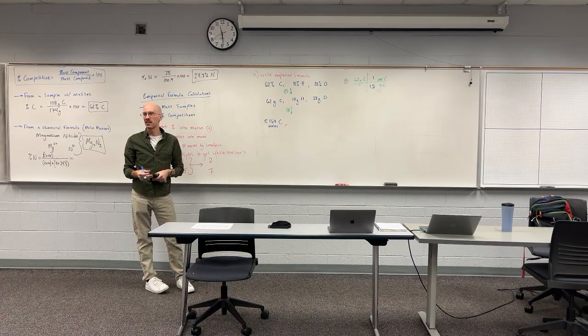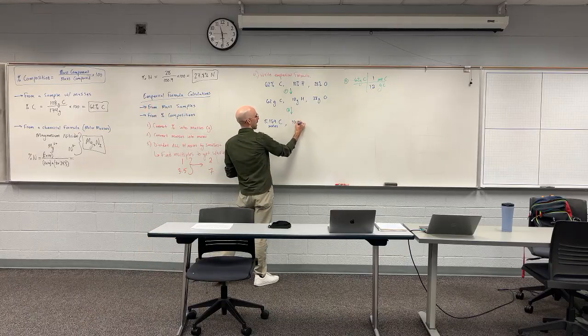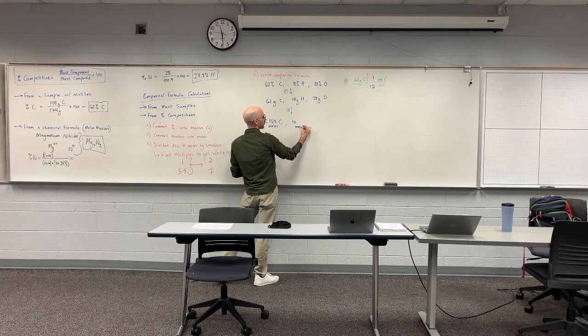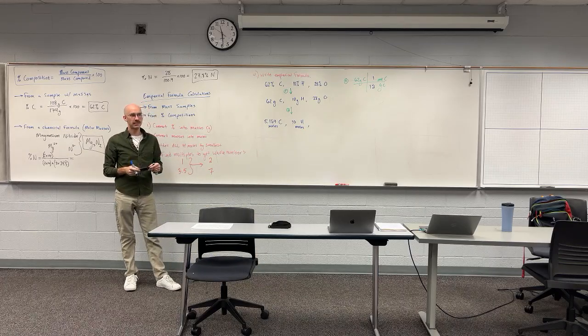10 grams of hydrogen, 1 gram per mole. I've got 10 moles of hydrogen. What is the molar mass of O? Chemical formula or periodic table, molar mass of O? Yeah, 16.